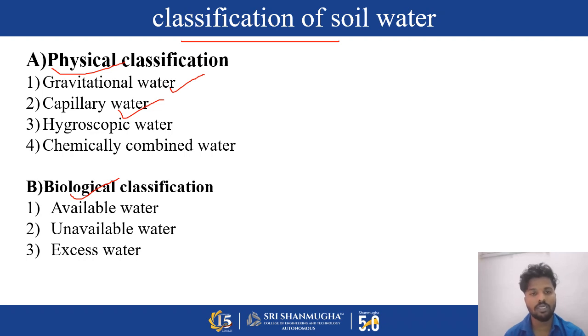Capillary water is held by capillary and surface forces at intermediate tension, roughly between field capacity and permanent wilting point, about 0.03 to 1.5 megapascal. Capillary water is mobile in liquid form and is the main fraction available for plant uptake. Roots absorb this water from the films and small pores. So capillary water is available for plant usage.